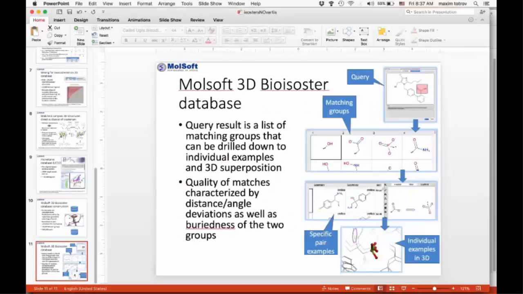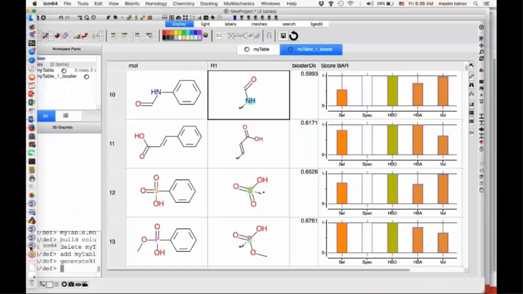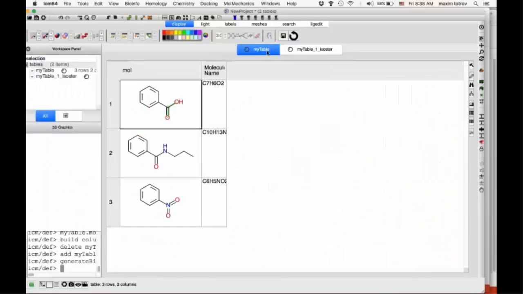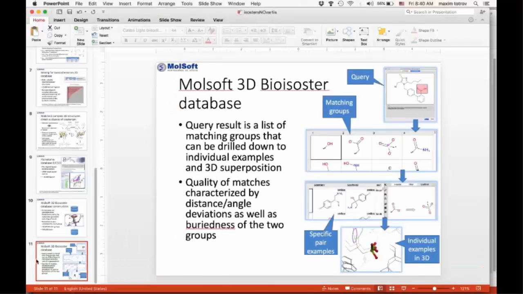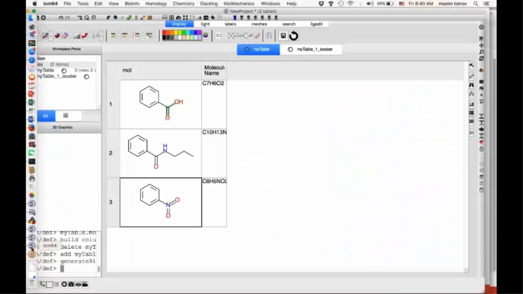Similar to the 2D database I just showed, you query it and then you can do some drill downs. Once you have the list of groups, you can go down to individual pairs of structures and actually view them in 3D. Let me go back to ICM and we can view how this happens.